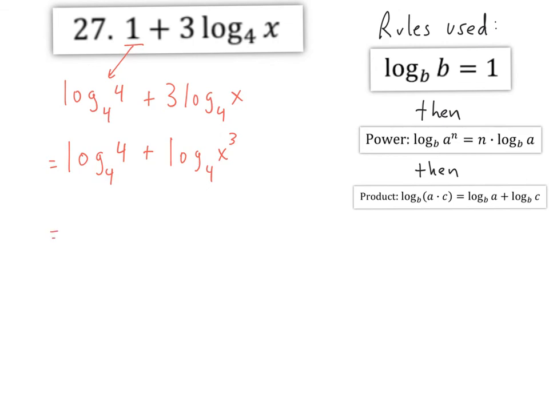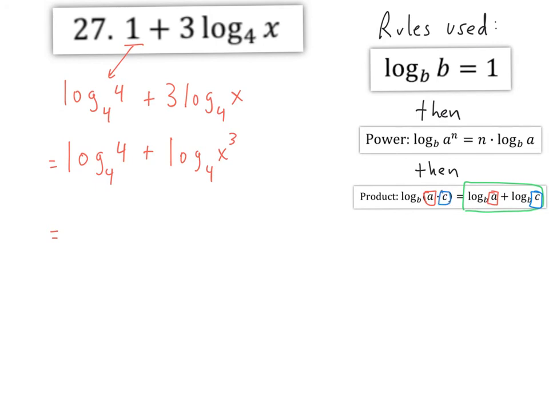Okay, so now that we have two logs that have the same base and nothing's multiplied out front, we can use this rule here. All we're going to do is take whatever this argument is and whatever that argument is, and combine this into one log with these two arguments multiplied.